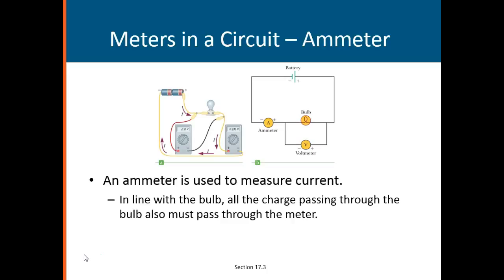So the positive charge would move this way through the bulb, and then all the current that goes through the bulb needs to go through the ammeter as well. That's used to measure current, so you need to measure it all. It's in line with the bulb, and the charge passing through the bulb must also pass through the meter.